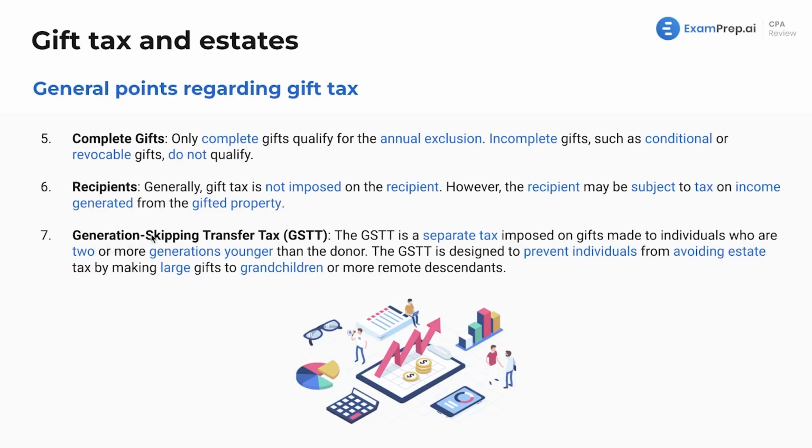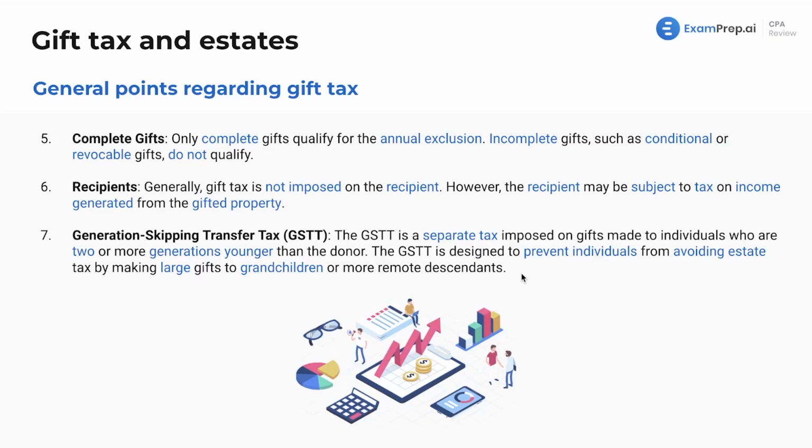Then lastly, we've got the generation skipping transfer tax. This is a separate tax imposed on gifts made to individuals who are 2 or more generations younger than the donor. This is designed to prevent individuals from avoiding estate tax by making large gifts to grandchildren or more remote descendants. This is a whole thing where, not to get into it, not to start to voice my own frustrations, but basically the IRS wants to tax assets, tax wealth on every generation.